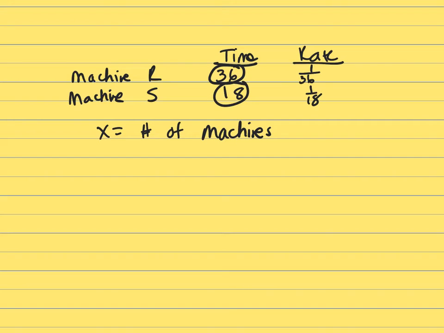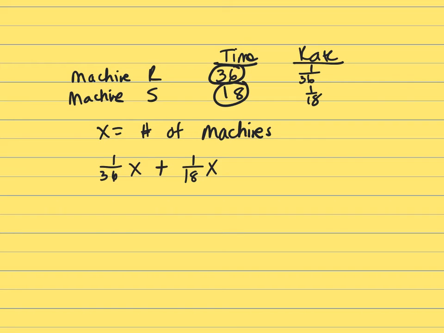So I'm letting that be X. If I take 1 over 36 times X, and add to that 1 over 18, the rate times the number of machines, that gives me a combination.